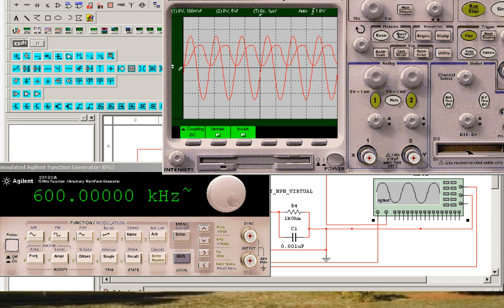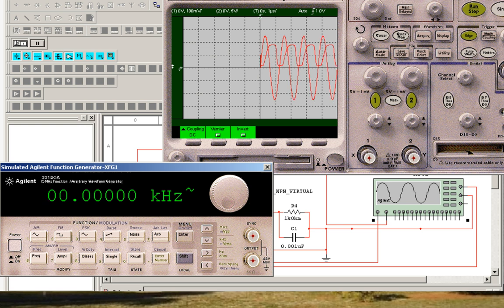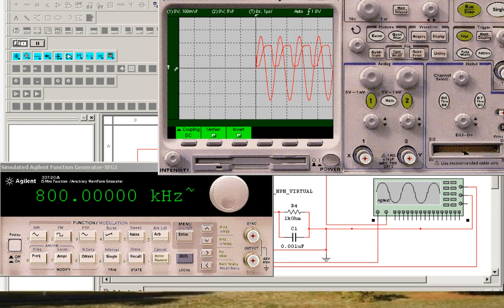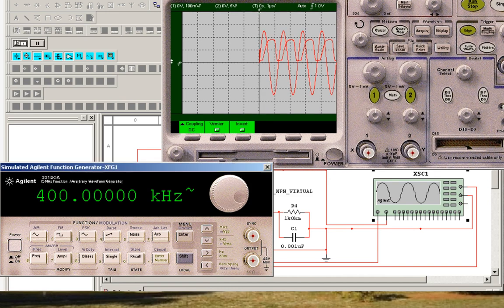Maybe I had to move the scope. I don't know why it's not updating now.